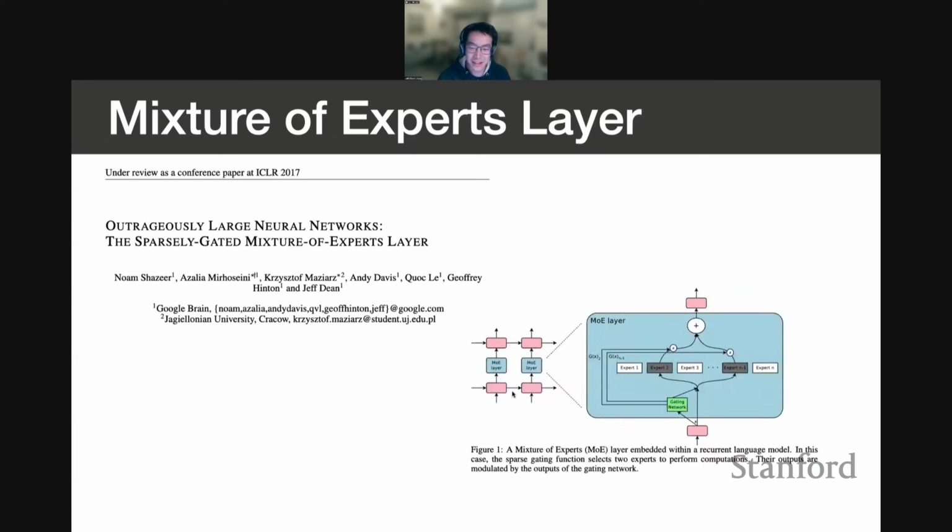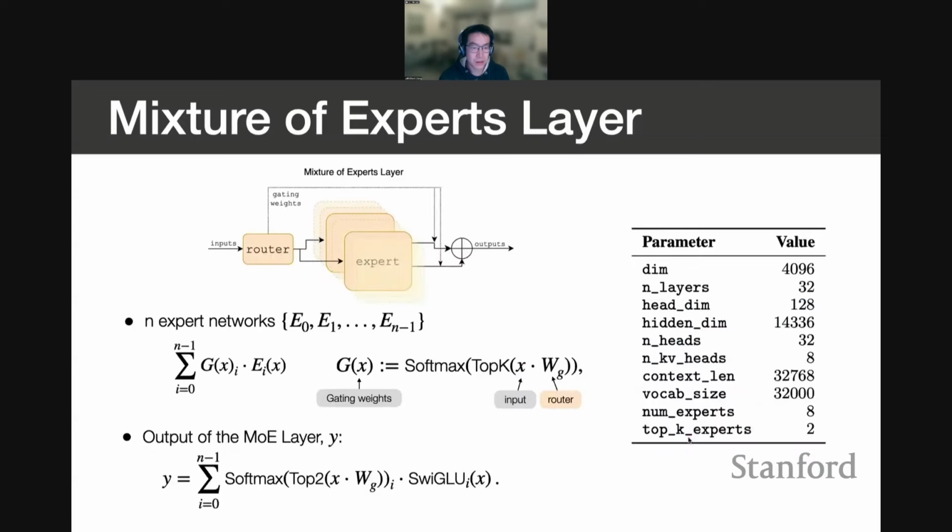At the time they were still using recurrent language models. So the idea is that you try to have a gating layer, a gating network that decides which experts you should route to. Okay, so in our implementation of the mixture of experts layer, we're doing something very similar.